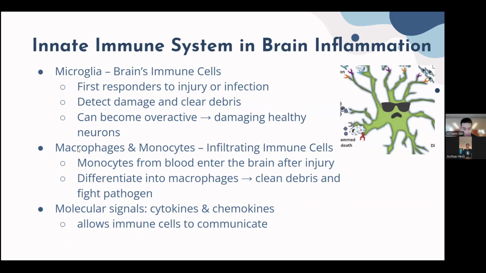There are also macrophages and monocytes, which we call infiltrating immune cells. They don't live in the brain, they live in the blood, circulating around, and when needed, these cells can infiltrate into the brain and help clear up the debris and fight pathogens. These cells talk to each other with molecular signals such as cytokines and chemokines.